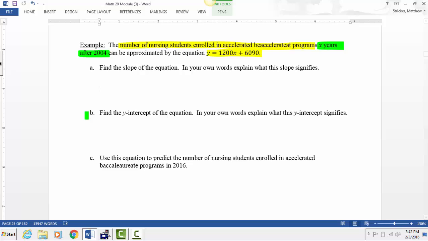If I'm talking about the slope, the m, of course in this case it's this 1200 here.